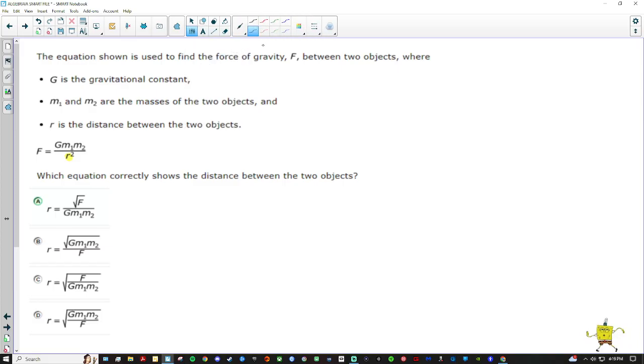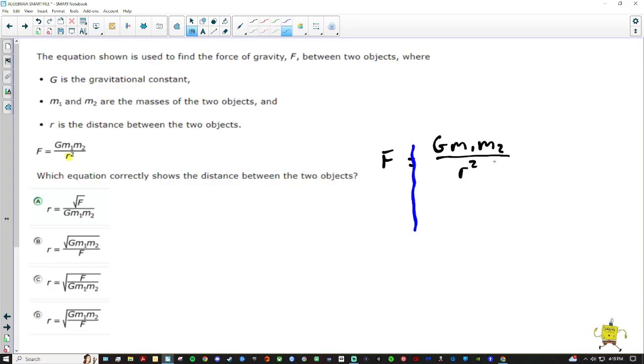So a good way to do this is if I rewrite it: F equals G times M1 times M2 over R to the second power. I need to get this R squared and move it over to the left. Now remember we have our waterfall. To move R squared over to the left side, because we want R by itself, I have to do the opposite.